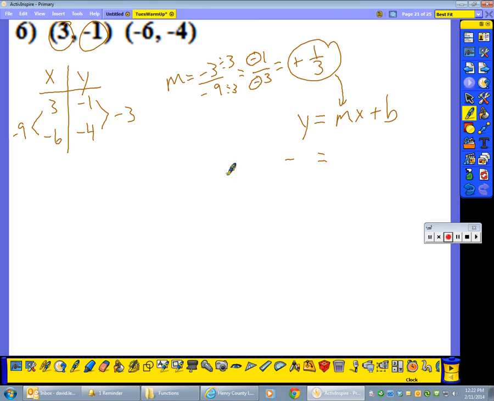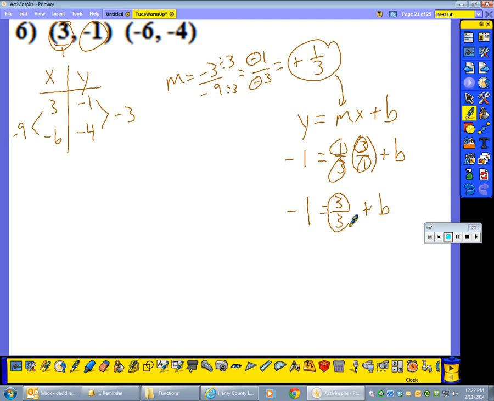So we've got negative 1 equals 1/3 times 3 over 1. I just turned this into a fraction because I'm going to be multiplying, plus b. So 1 times 3 is 3. 3 times 1 is 3. So my equation looks like this.